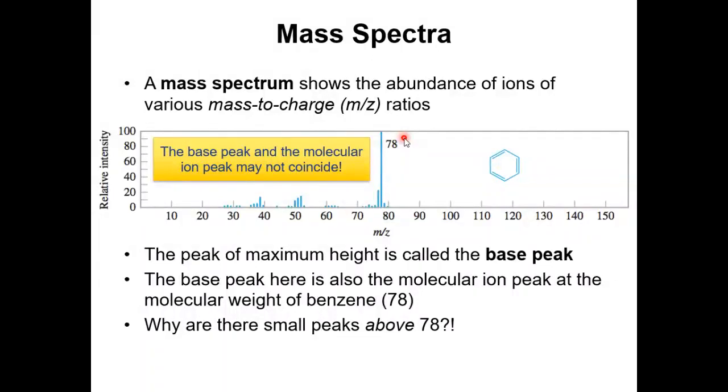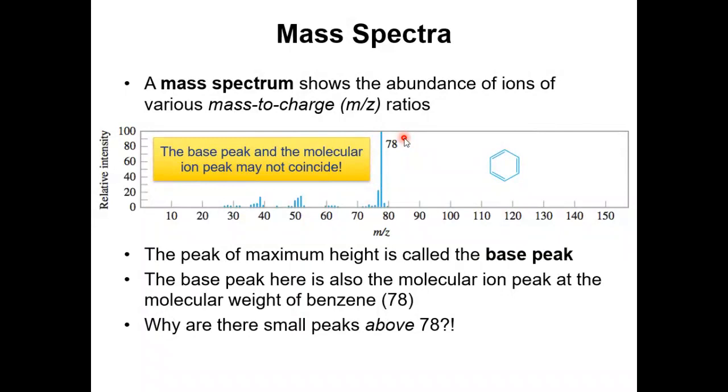But I hope you recall that not all carbons are carbon 12. About 99% is carbon 12, but about 1% is carbon 13. And for hydrogen, around 99.9% is hydrogen 1, and about 0.1% is hydrogen 2.